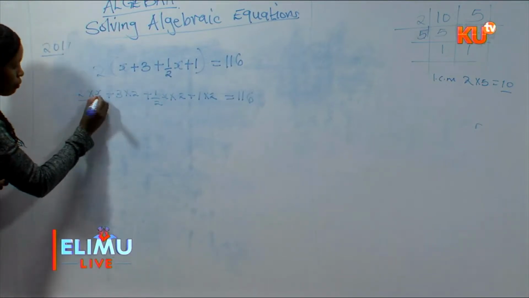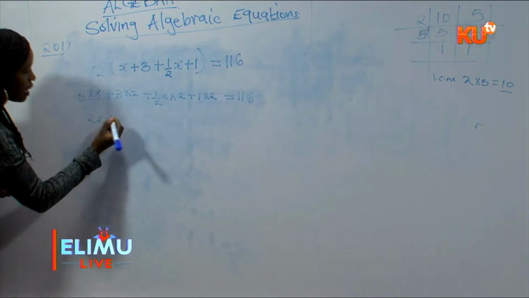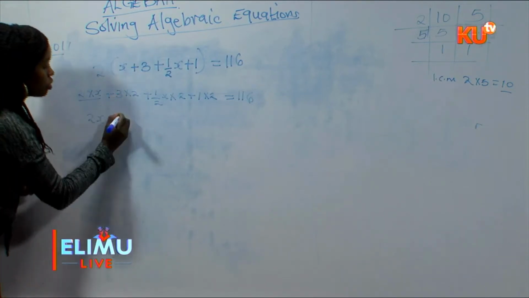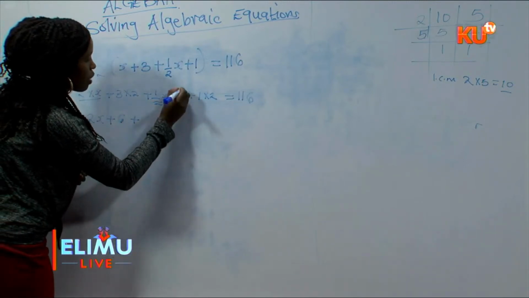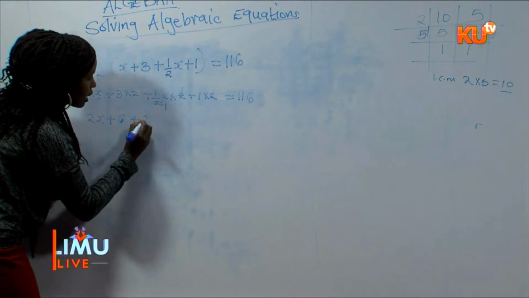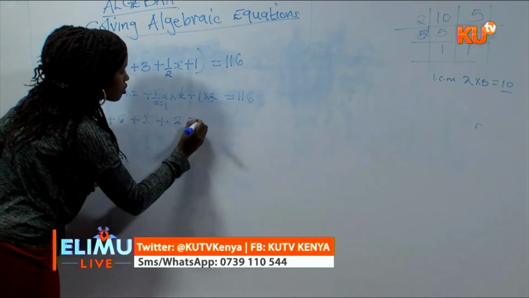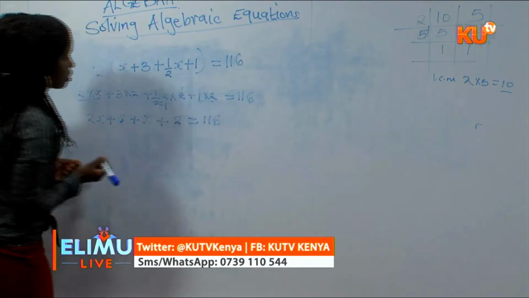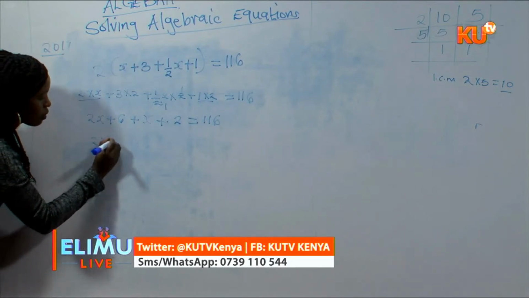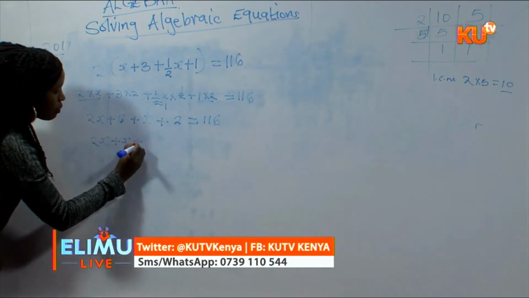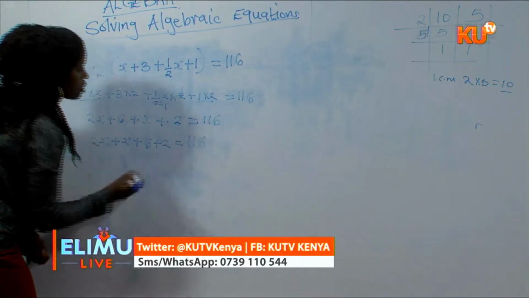So we put this together. 2 times x, we get 2x plus 3 times 2, we get 6 plus by 2, 1 by 2, 1. So here we are going to get what? An x plus 1 times 2 is 2 is equal to 116. Then from there we collect the like terms. 2x plus x plus 6 plus 2 is equal to 116.